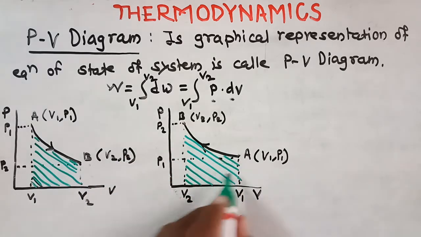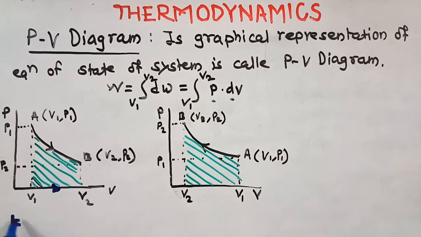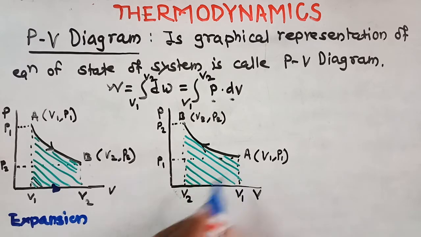In both cases, the area under curve is the same, but the work done has different direction. In first case, the volume is increased from V1 to V2. So this is the expansion of gas. And in second case, the volume is decreased. So this is the compression of gas.